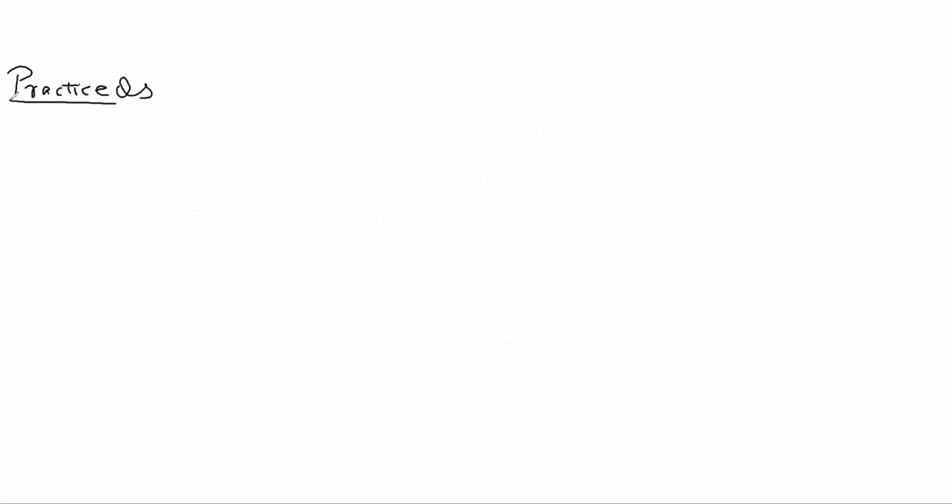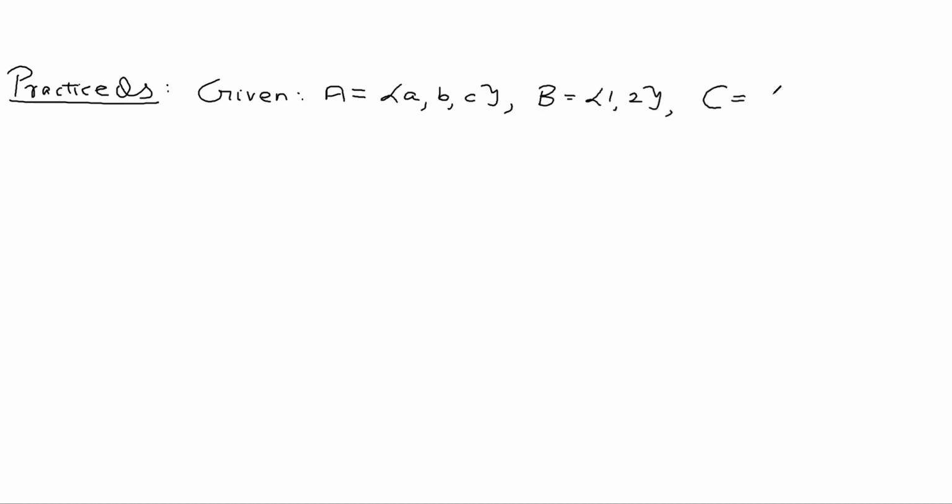Let's do a practice question. Given the set A as {a, b, c}, set B is given to us as {1, 2}, and set C is given to us as {alpha, beta}.